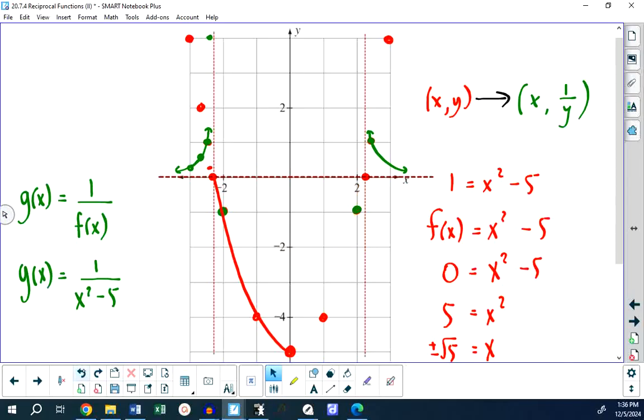How are we going to find, what did I just erase? Okay, that's good. How am I going to find some other points? Well, we could take this point, which has a y-coordinate of -4, and I reciprocate it, and I get -1/4.